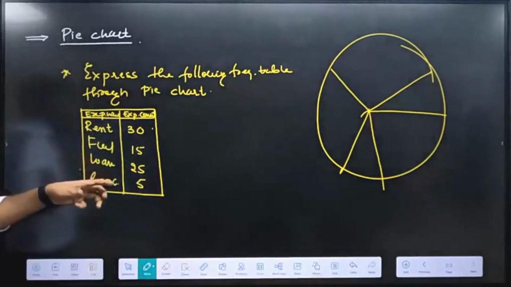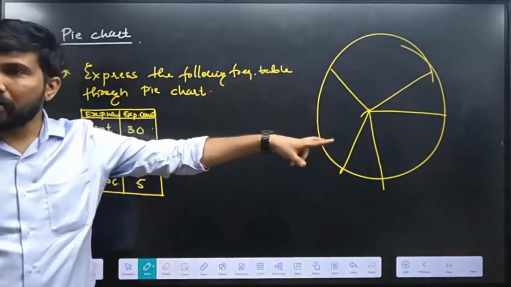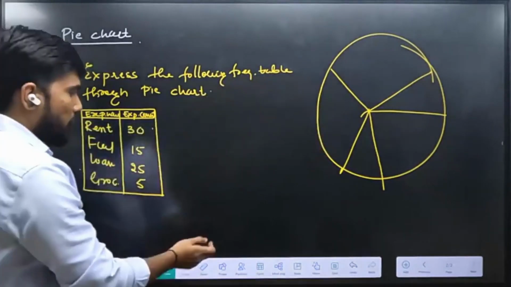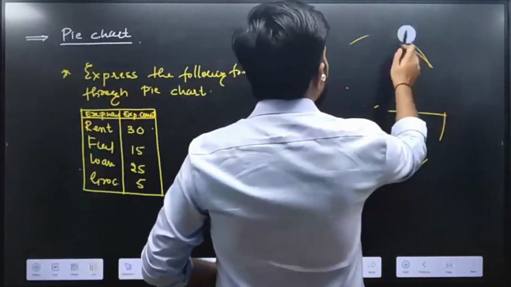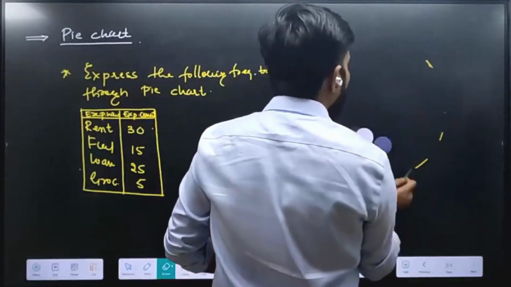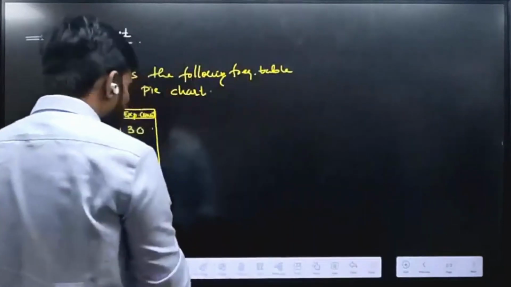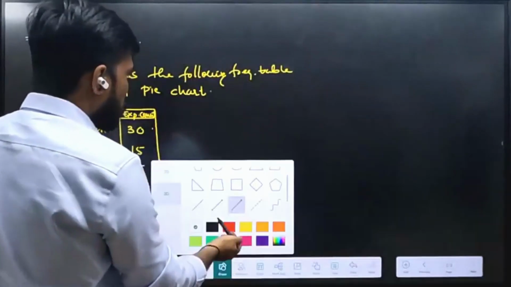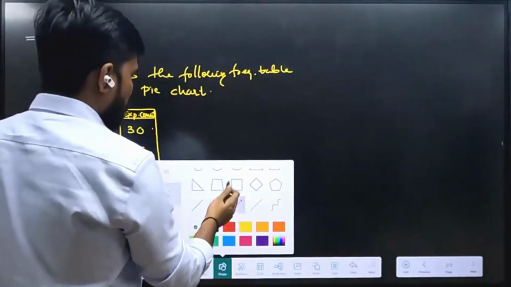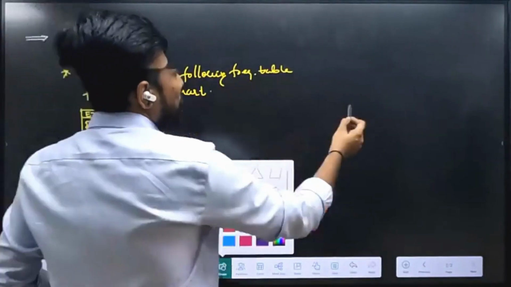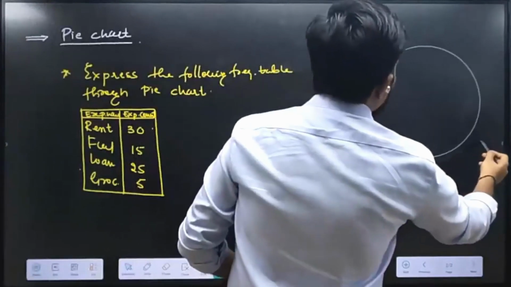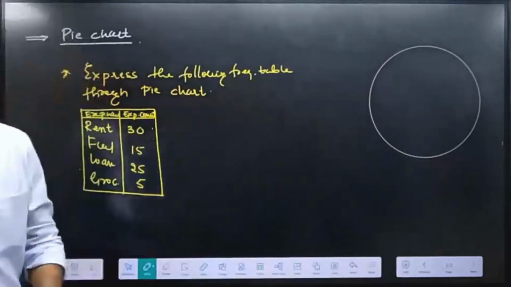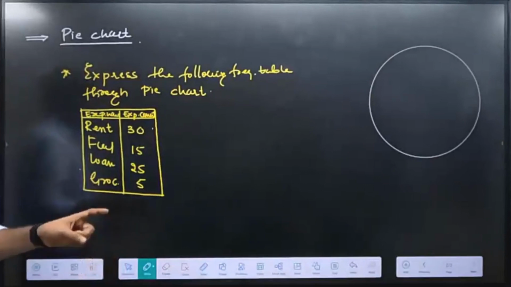If I have to represent this through a pie chart, how will I do it? The first thing is I have to calculate the slice values. Let's assume this is one circle.